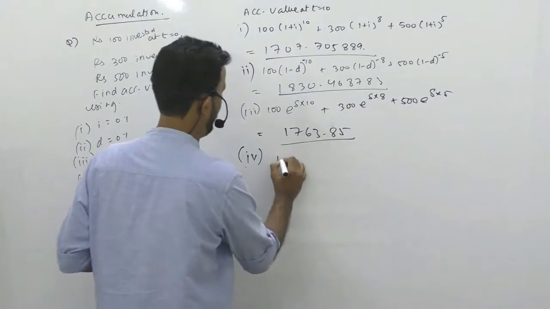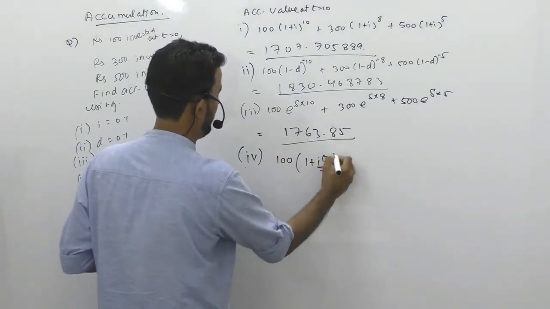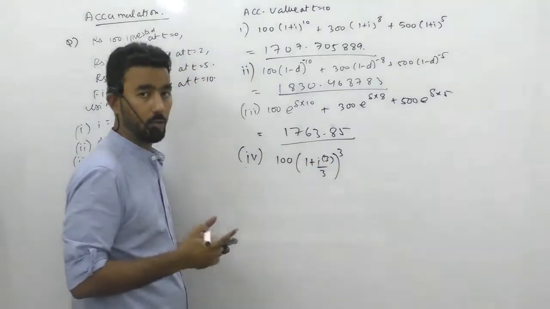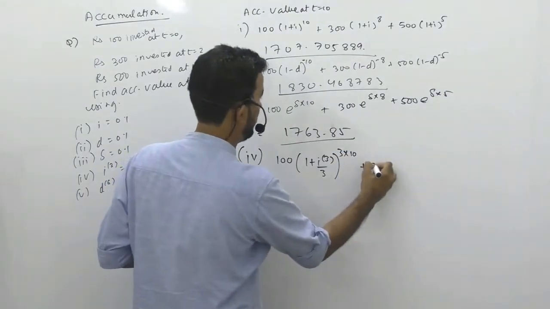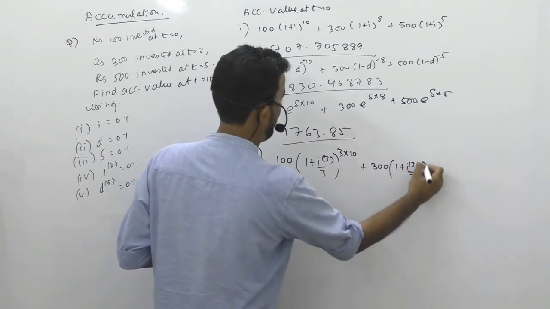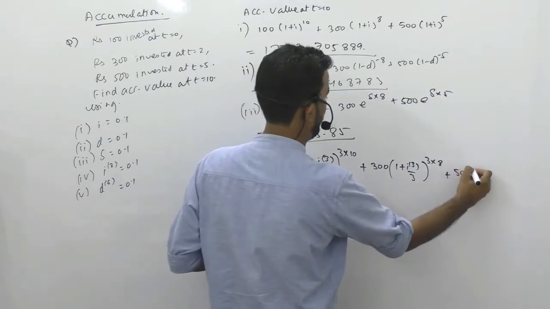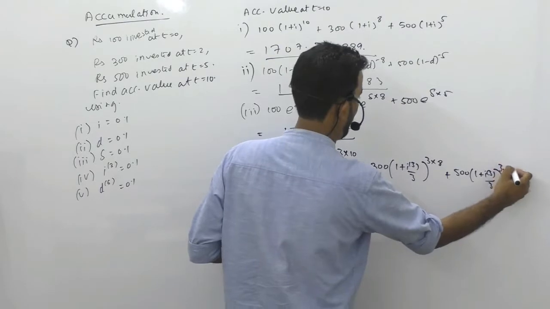So solve it directly should be 100 into 1 plus I3 by 3 raised to 3. When I do 1 plus I3 by 3 raised to 3, it becomes accumulation factor for 1 year. I have to find for 10 years, so I will do 10 plus 300 into 1 plus I3 by 3 whole raised to 3 into 8 plus 500 into 1 plus I3 by 3 whole raised to 3 into 5.